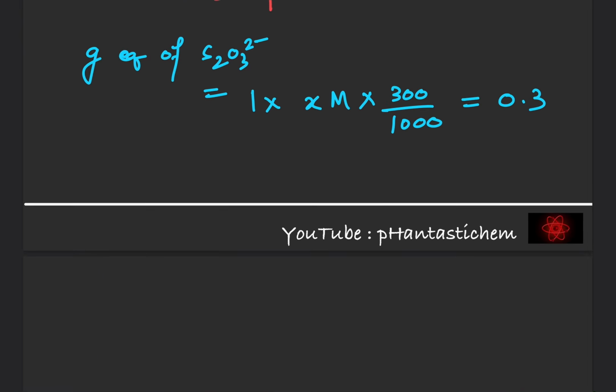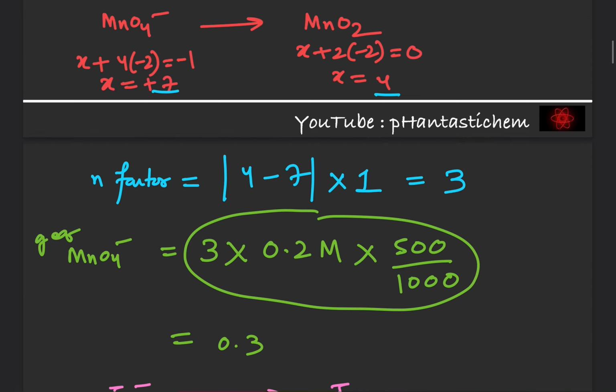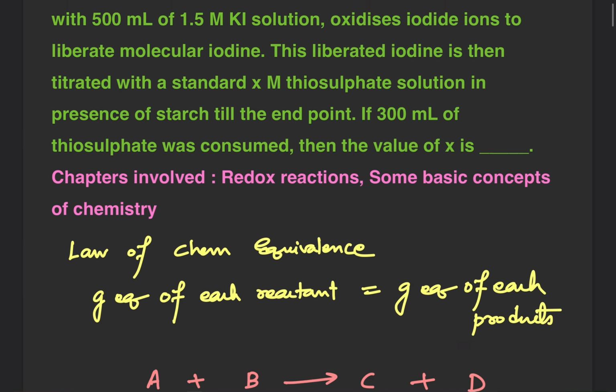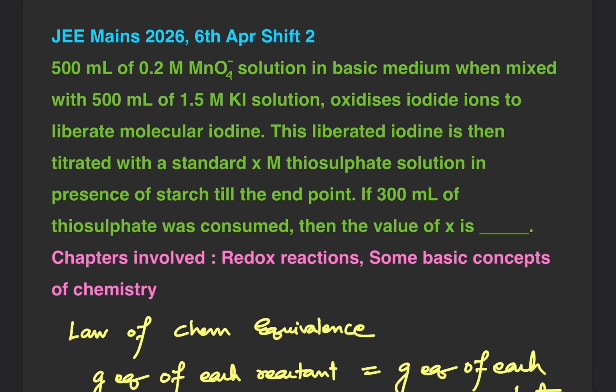Okay, so x will be equal to 0.3 into 1000 divided by 300. So when you solve this, you will get this as 1. Okay, so therefore the molarity of the standard thiosulfate solution x is 1. Okay, thank you.